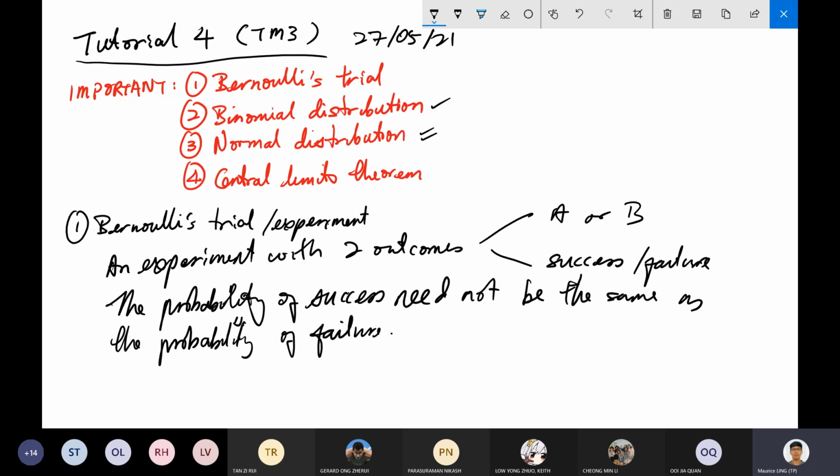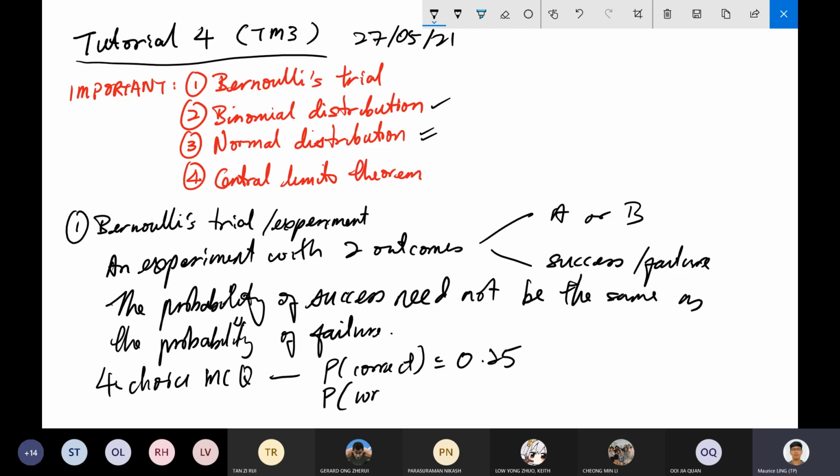So for example, your 4 choice MCQ questions. The probability of getting correct, if you answer by random, is 25%, but the probability of getting wrong is then 1 minus the probability of getting correct, which is then 75%.